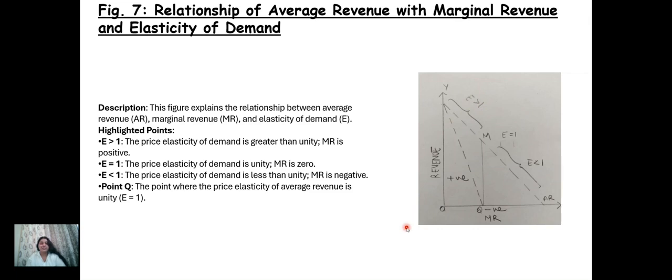I just take elasticity of demand as E, which can be written as capital E. So E equal to 1 when MR equal to 0, and when E is lesser than 1, MR is negative. You can see the relationship between the elasticity of demand and the marginal revenue. Basically, there is a point O which shows the negative when E is equal to 1. You can see this point makes a perpendicular and Q point shows the negative.